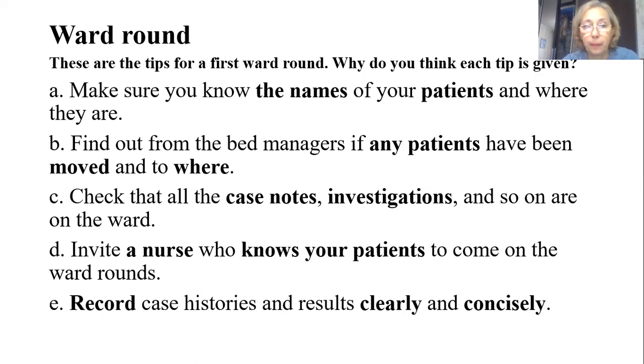Ma'am, actually, this tip is given because the doctor should know whom they are speaking to, particularly if they are from the same region or have come from some other part of the region. Like I have some multi-specialty hospitals which are 60 to 70 kilometers from my home.